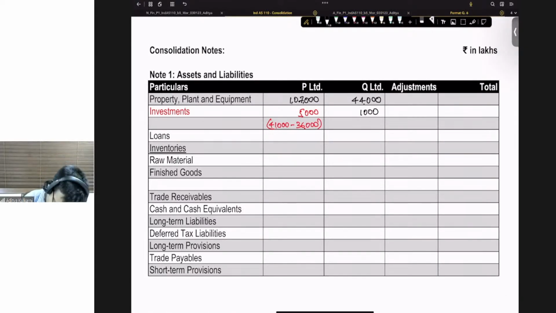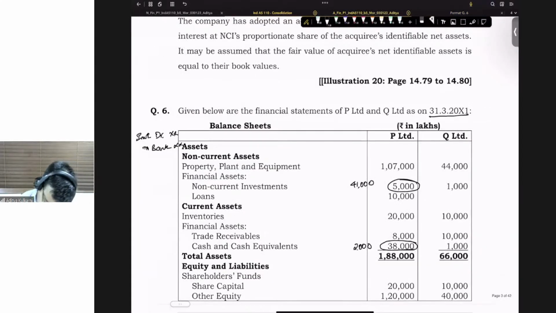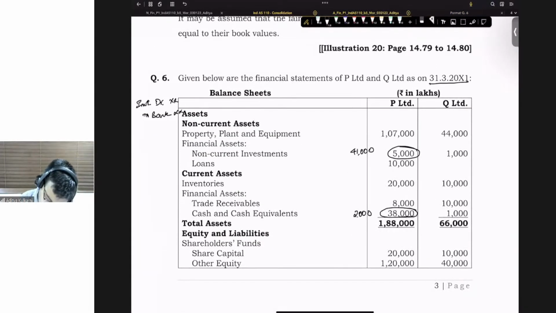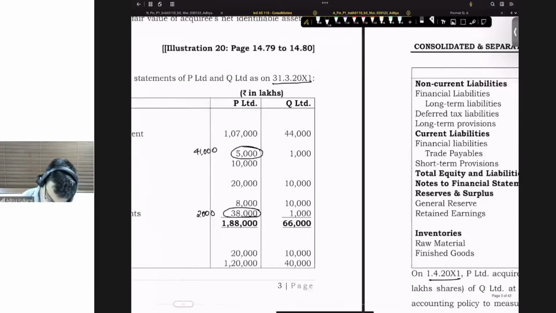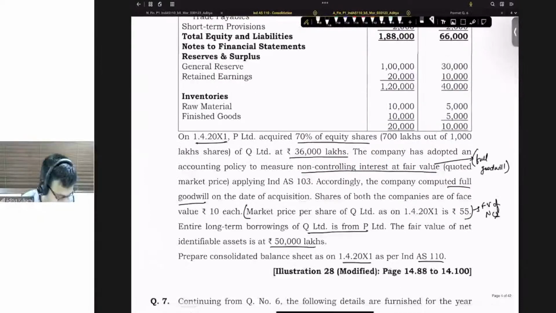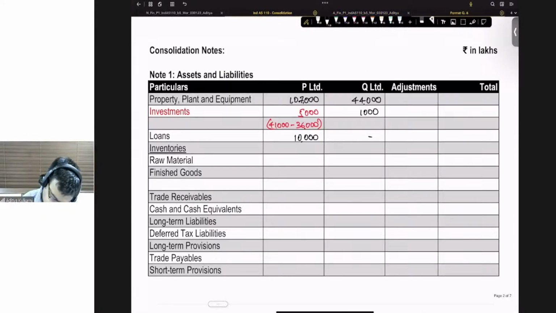Then you have loans at 10,000. There is no other loan, loans and advances. Inventory is 20 and 10. The breakup is given of the inventories. So we will give the breakup 10 and 5, 10 and 5.